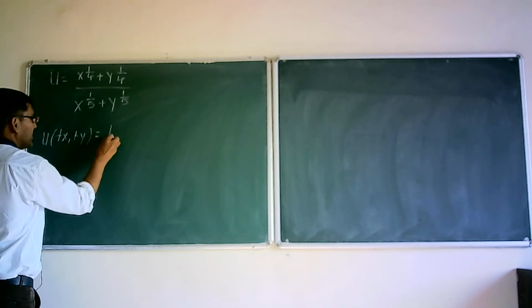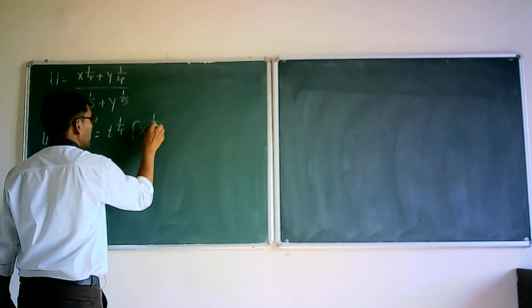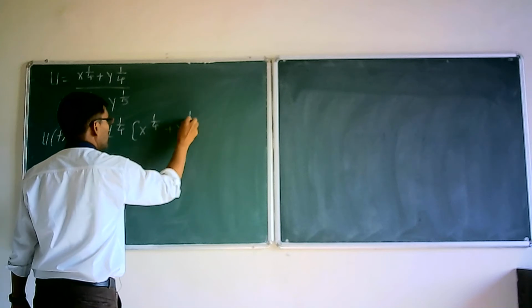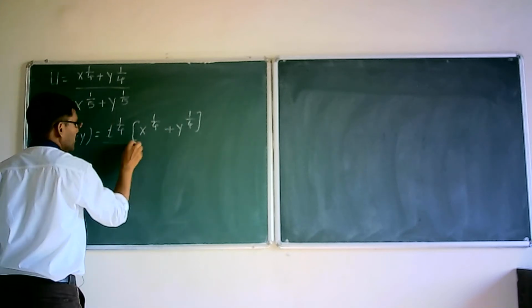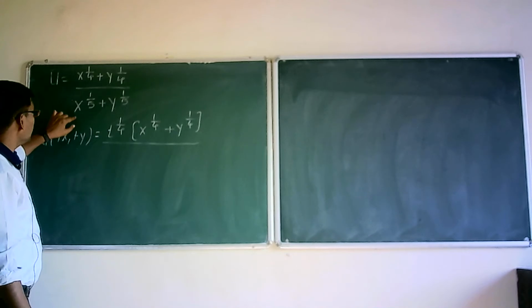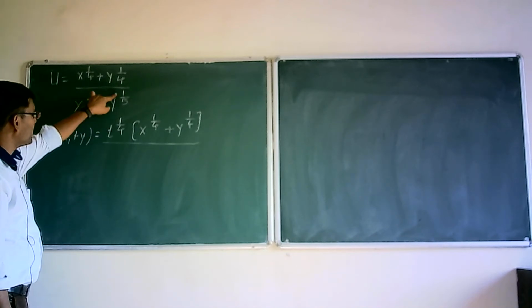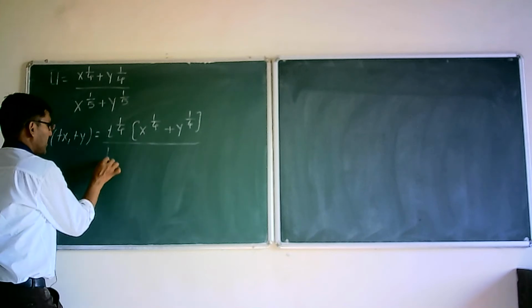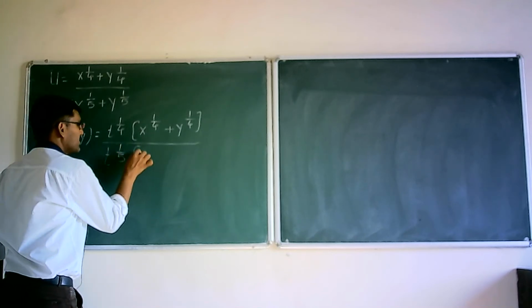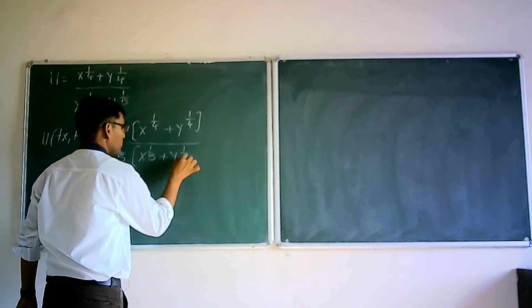So you can take t raised to 1 by 4 outside the bracket, x raised to 1 by 4 plus y raised to 1 by 4. Similarly, in the denominator also, in place of x, if you put tx, that is t raised to 1 by 5 x raised to 1 by 5, t raised to 1 by 5 y raised to 1 by 5. So take t raised to 1 by 5 outside the bracket, x raised to 1 by 5 plus y raised to 1 by 5.